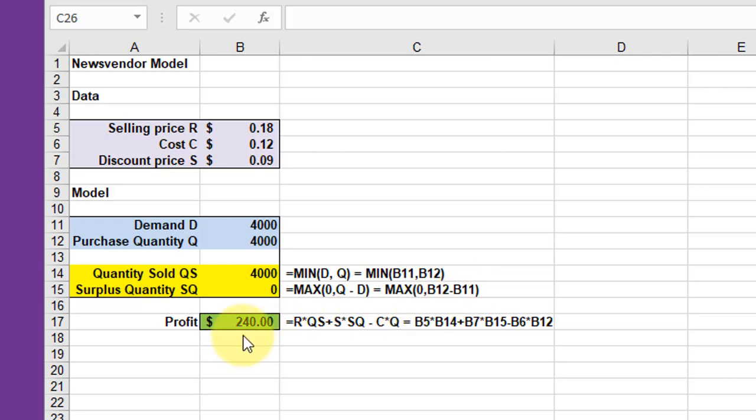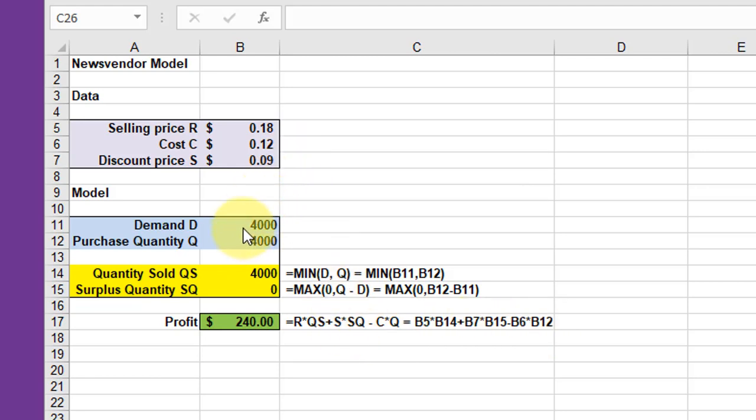The profit is just the formula that we talked about on the previous slide. It's the selling price R times the quantity sold, QS, plus the surplus price times the surplus quantity, SQ, minus the cost, which is the cost of each paper times the number that were purchased. And that is the formula in cell references here.